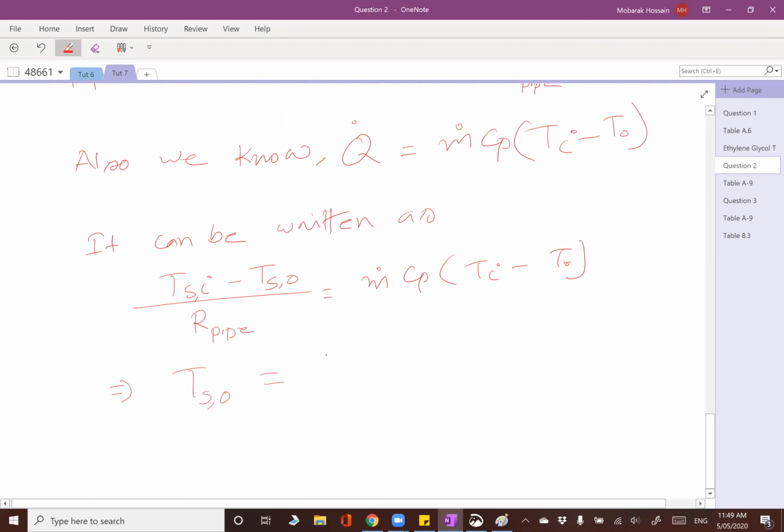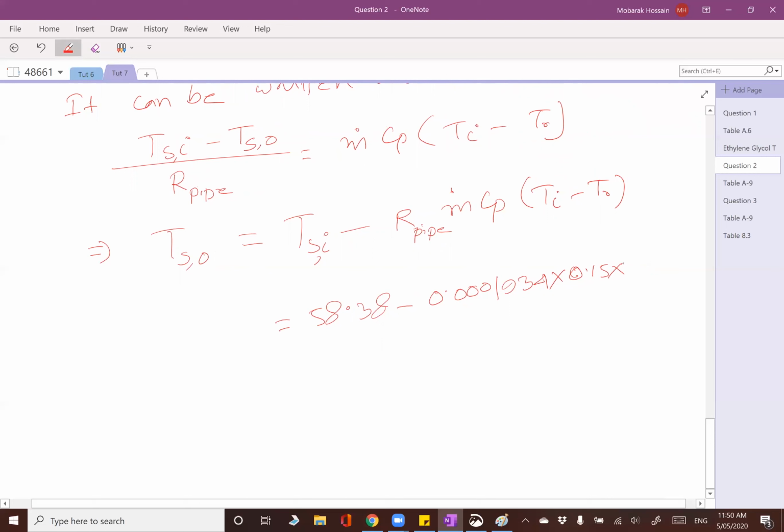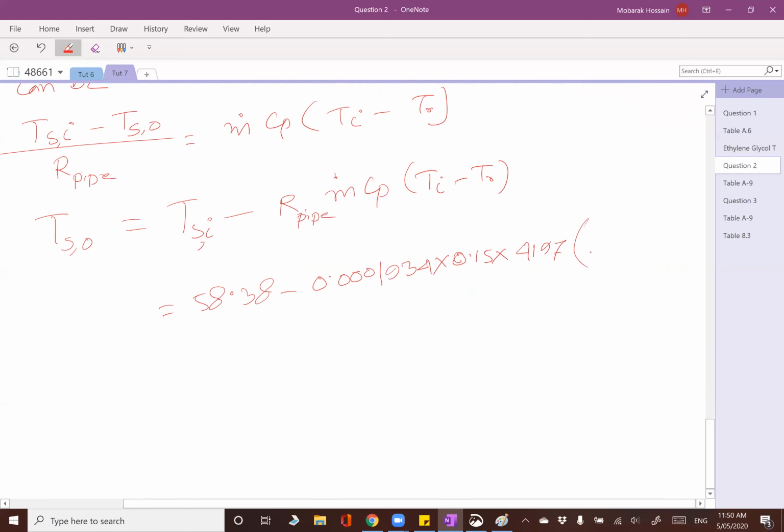If we modify the equation, it will be Ti minus To, where the inner surface temperature we calculated is 58.38, the thermal resistance we calculated is 0.0001934, the mass flow rate is 0.15, Cp is 4197, and the inlet temperature is 100 and the outlet temperature 60 degrees Celsius.